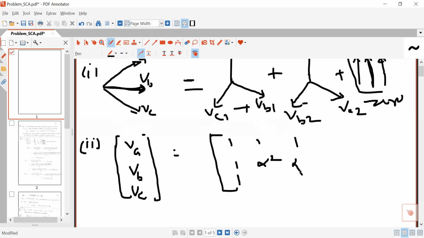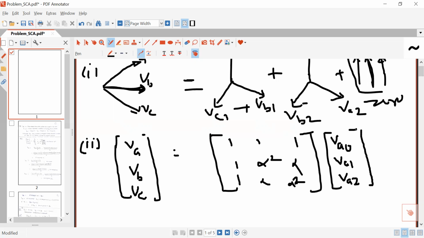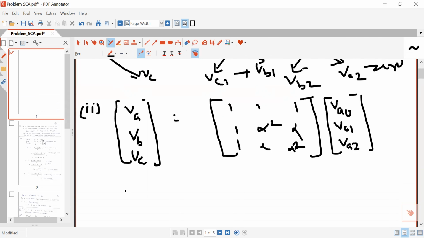You must remember this matrix to analyze an unbalanced power system. You will use this synthesis equation when the information about the symmetrical components is available, then you will use this matrix to determine the unbalanced phasors. And if you replace V with I, then the same matrix will be true for the current.